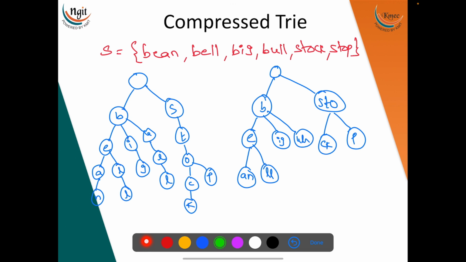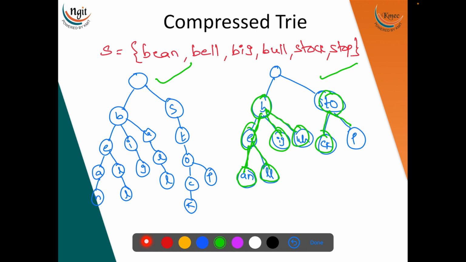Now this is the standard trie and this is the compressed trie. AN has been combined, LL, IG, ULL, STO, CK. These are the combined words. You can read it the same way: bean, bell, big, bull, stock, stop.